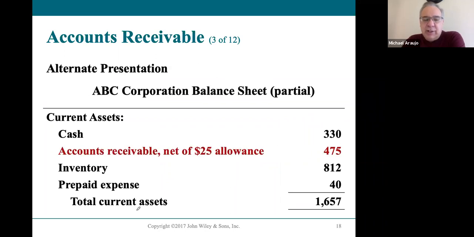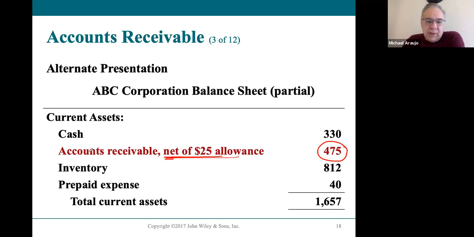A lot of balance sheets will not necessarily list the allowance account underneath. They'll actually use a phrase called net of. So this $475 on their balance sheet already includes the $25 allowance.